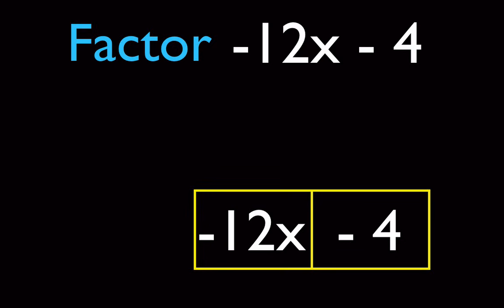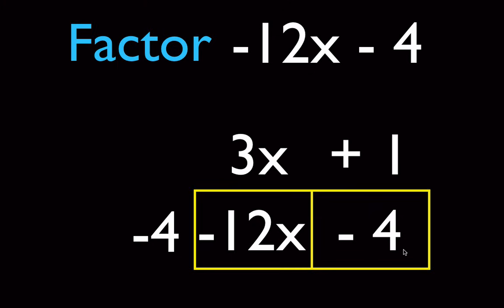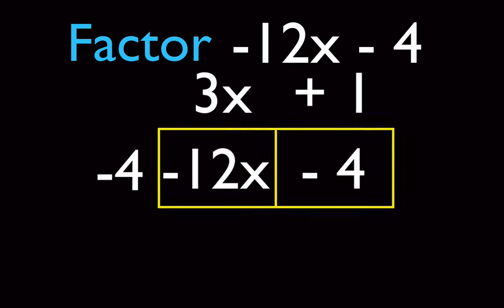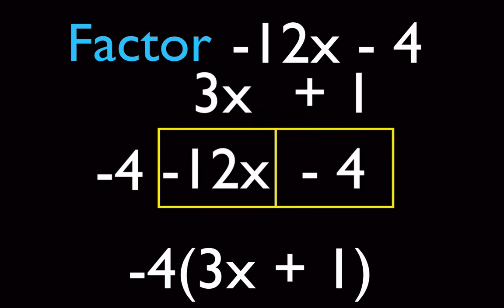And the biggest thing that goes into both in this case is negative 4. In order for this to be negative 4 and this to be negative 12, this up here would have to be a positive 3x. And over here, I need the positive 1 to multiply and create a negative 4. Last step, write it as a parentheses reverse distributive property problem.